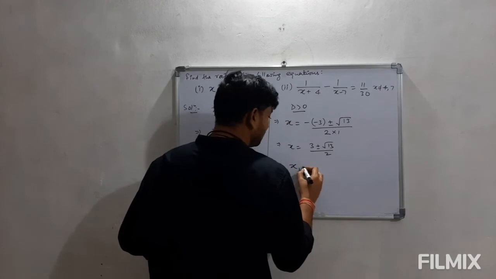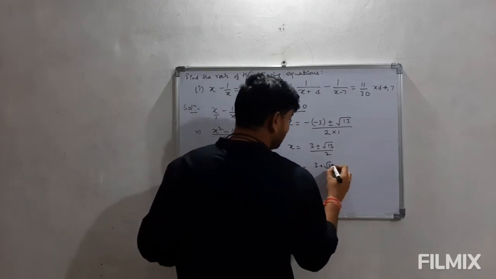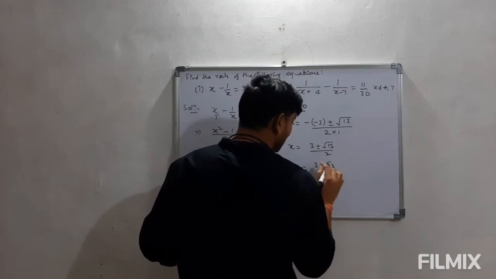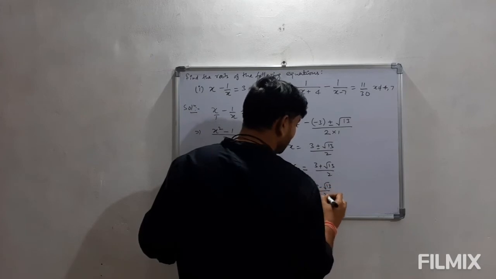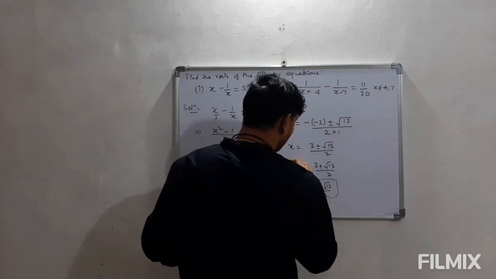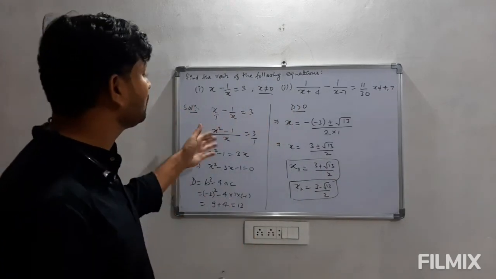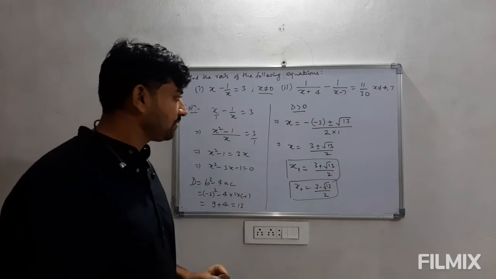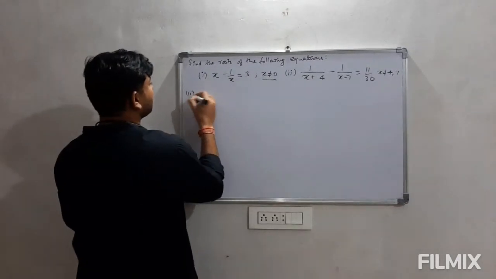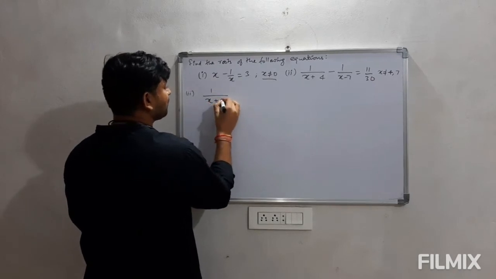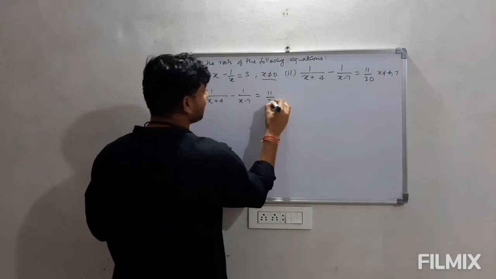If we use different notations, x1 is 3 plus root 13 by 2 and x2 is 3 minus root 13 upon 2. So this is what we are getting from here, that is x1 and x2, which are the roots of this first equation. Here the second question is like this. We have 1 upon x plus 4 minus 1 upon x minus 7 is equal to 11 upon 30.